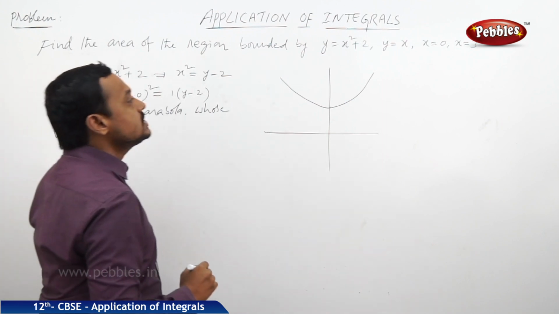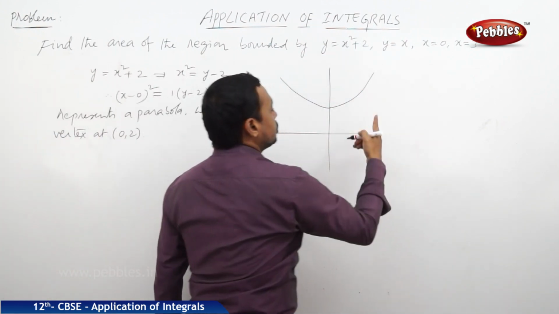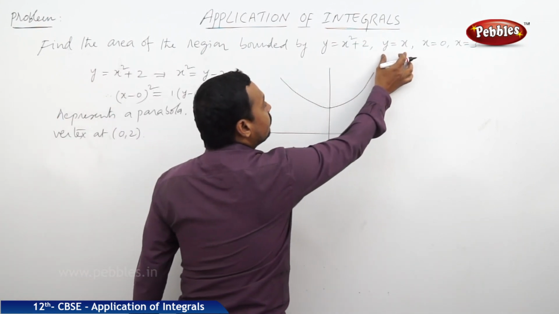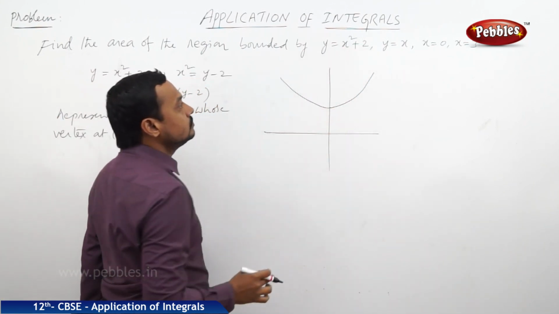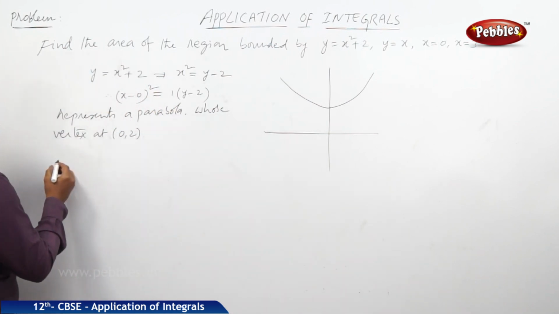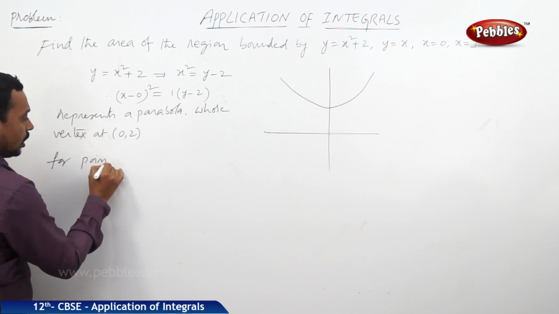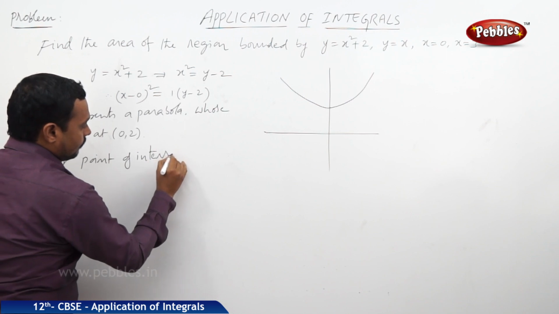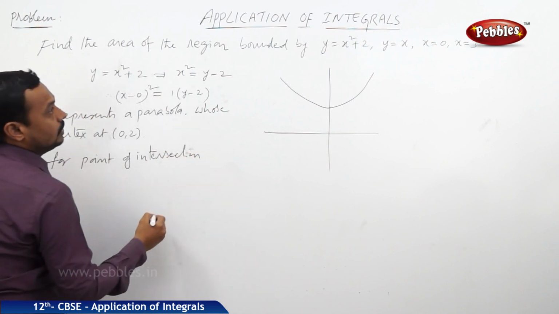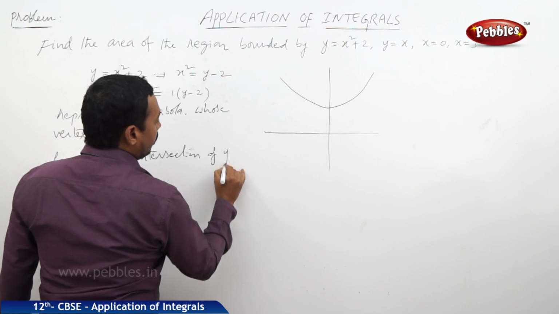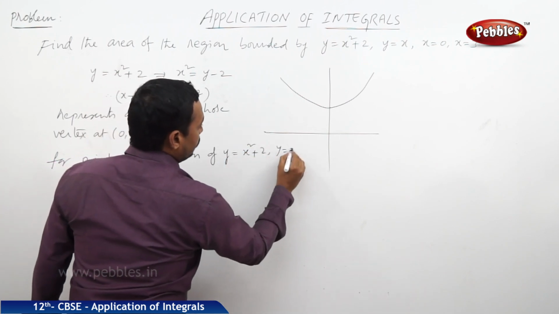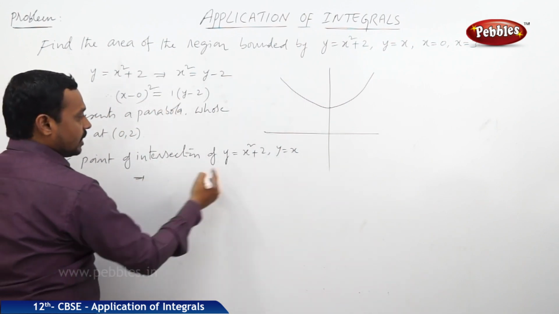Next one, y is equal to x. It's a straight line passing through origin. Now let us check whether the straight line y is equal to x intersects the curve. For the point of intersection of the curve y is equal to x square plus 2 and y is equal to x, eliminate any one of them.